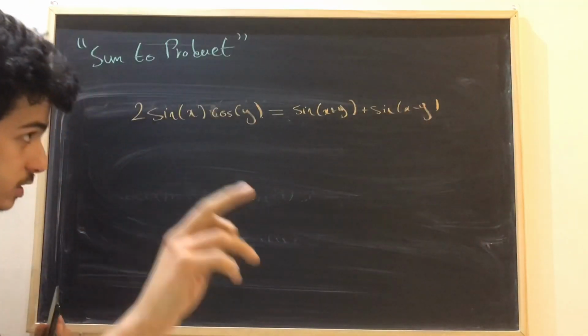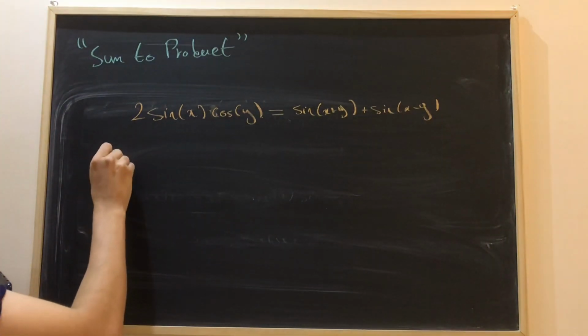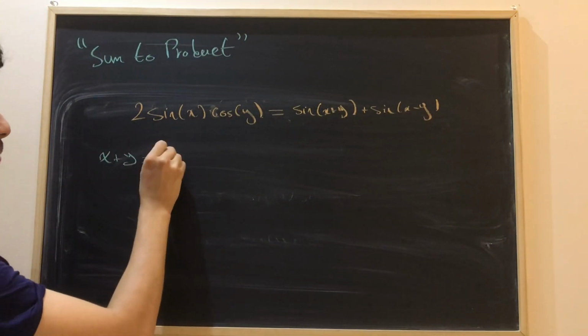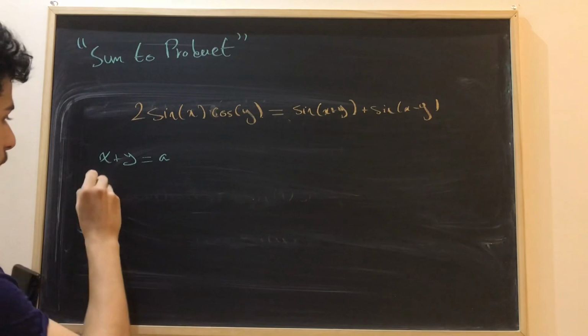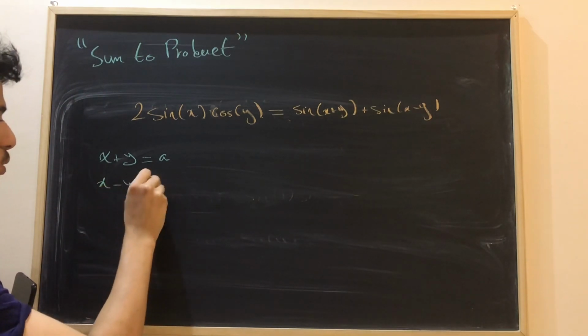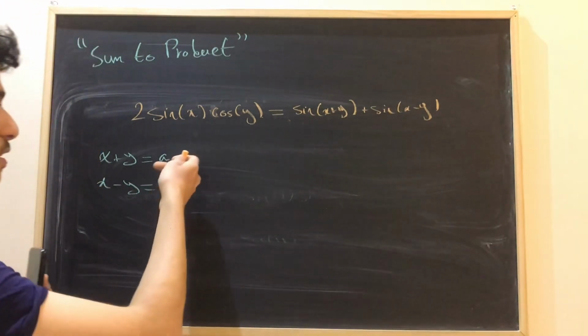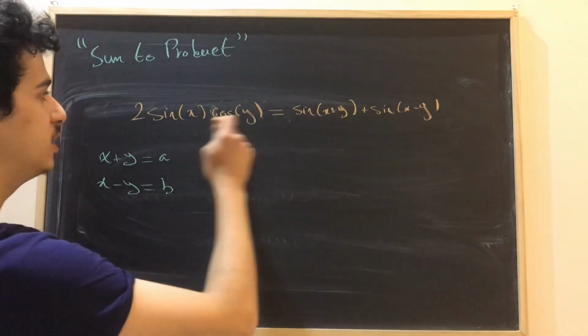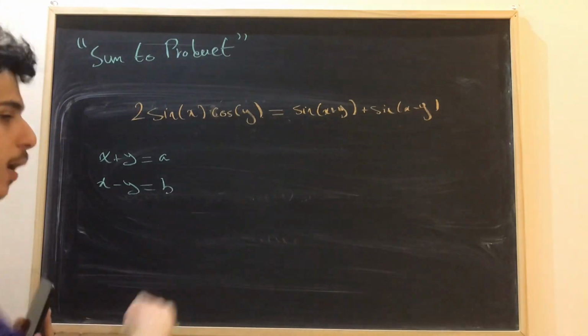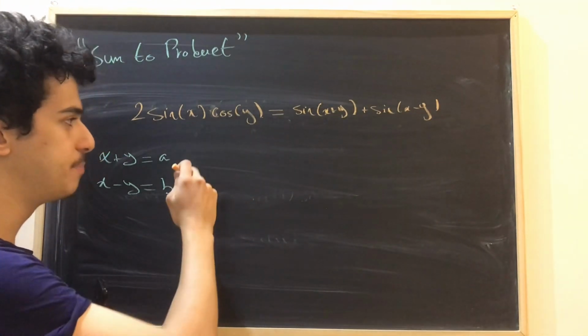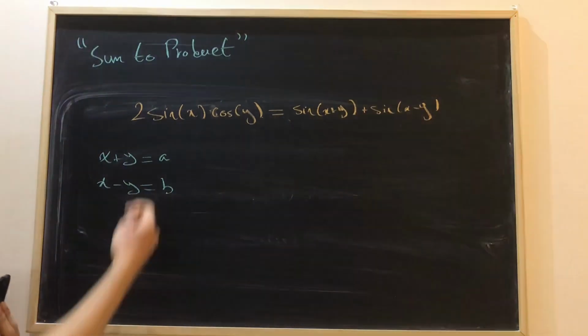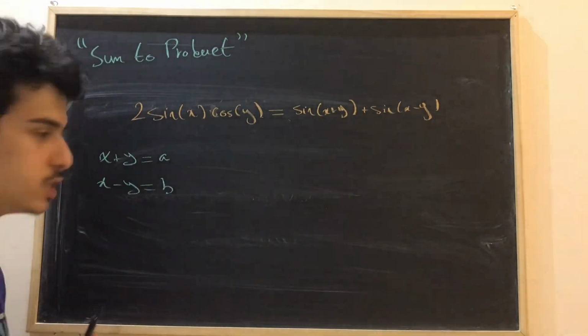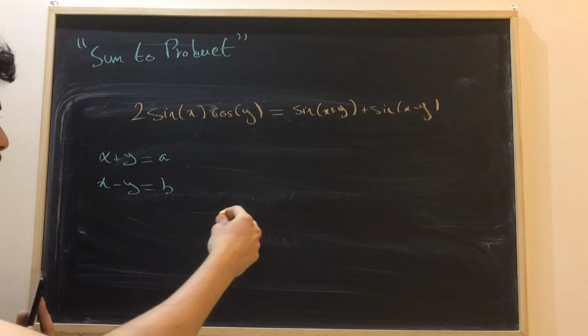Well, easily. We'll do x plus y equal a, and x minus y is equal to b. Alright, so we'll replace the a there and the b there, but these will be in terms of x and y. I want everything to be in terms of a and b. Okay, well, we have a system of equations, and we're going to solve for some variables.